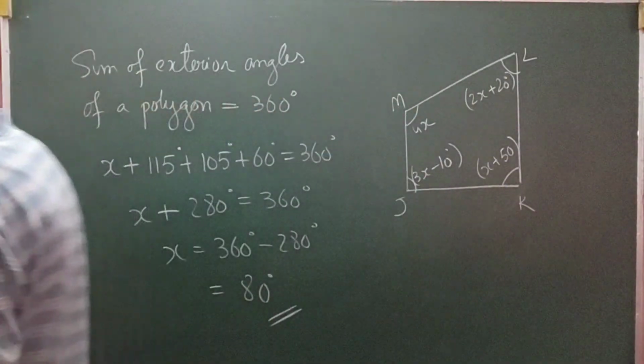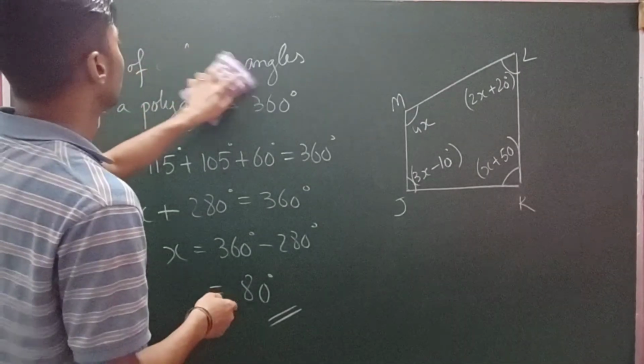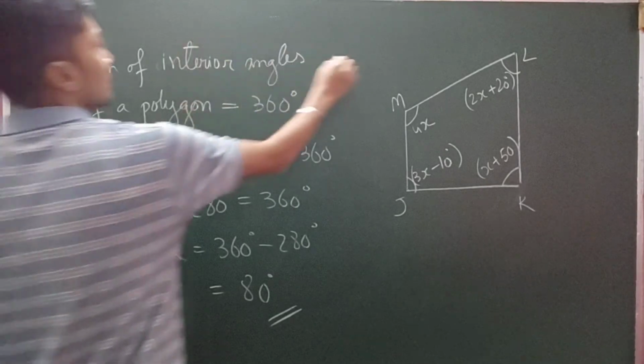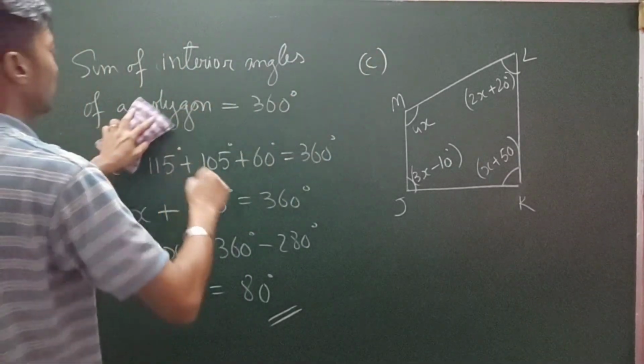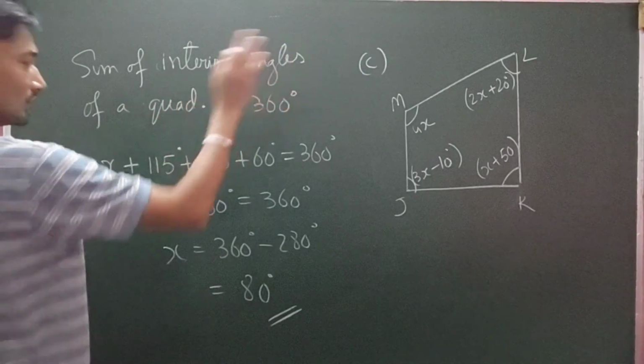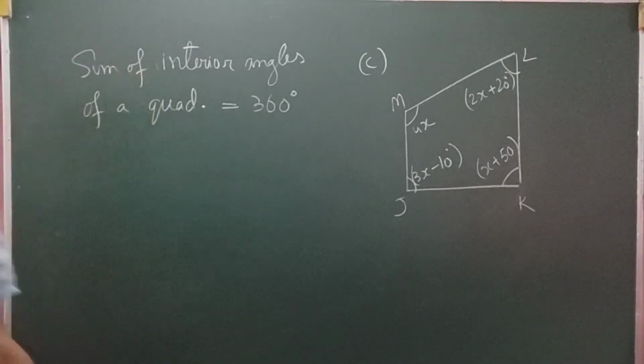A quadrilateral. Question number 1, I already gave you the sum of all the angles. Sum of interior angles of a quadrilateral is also how much? 360 degrees. So same idea we're going to be using.